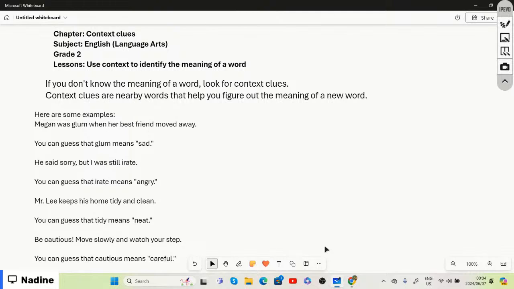And the lesson that we are focusing on under the chapter of context clues is to use context to identify the meaning of a word.